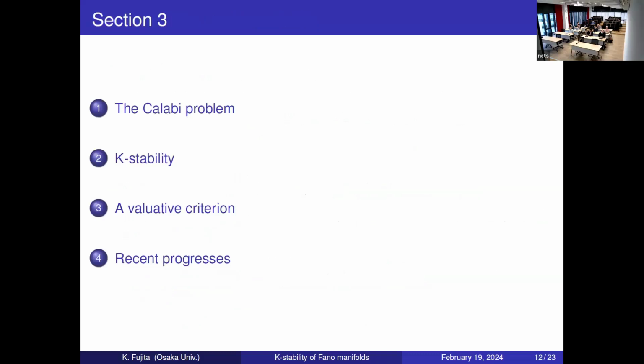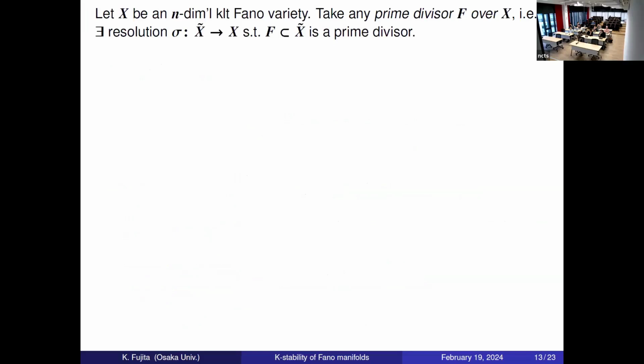So I wanted to simplify the definition. I will introduce one of the simplifications nowadays, called the valuative criterion. Let F be a prime divisor over X. That is, there is a resolution of singularities sigma: X tilde to X such that F is a prime divisor on X tilde.